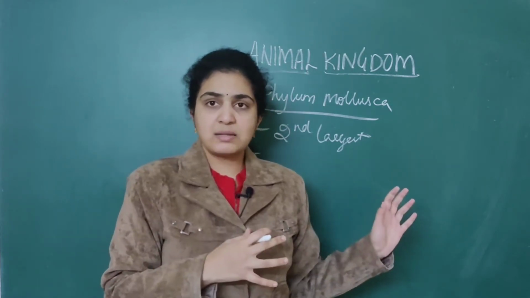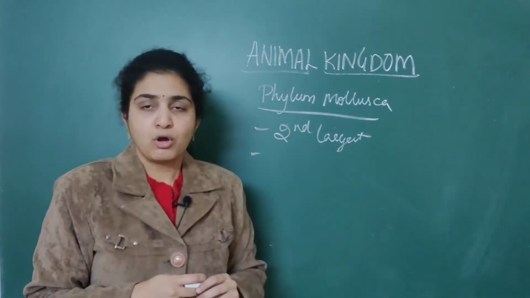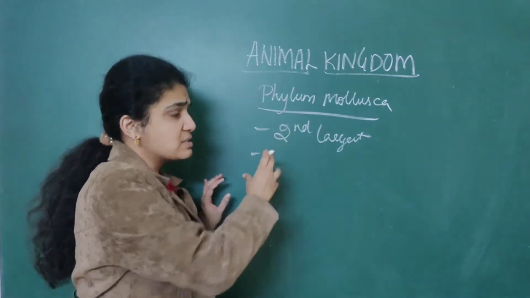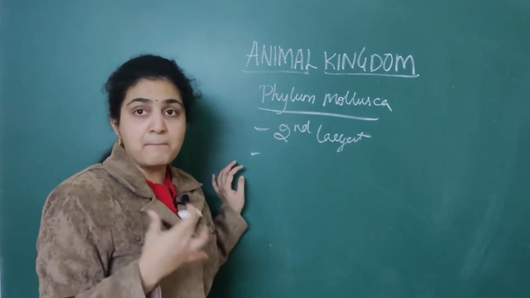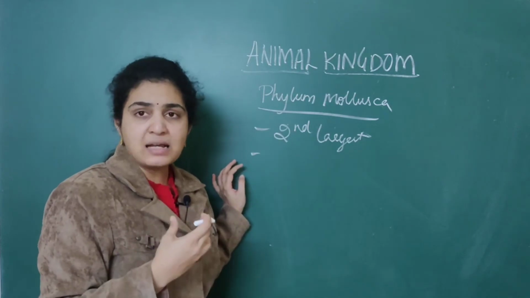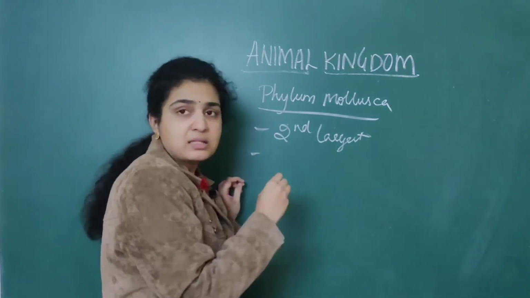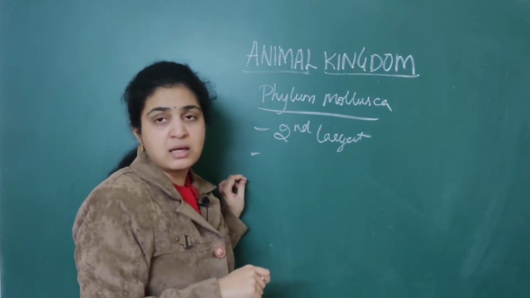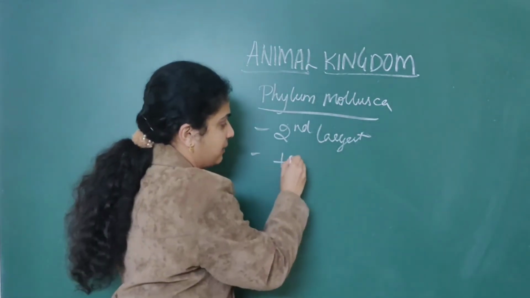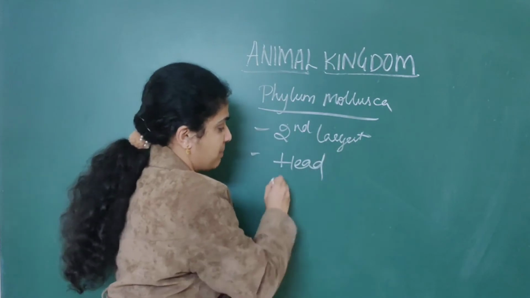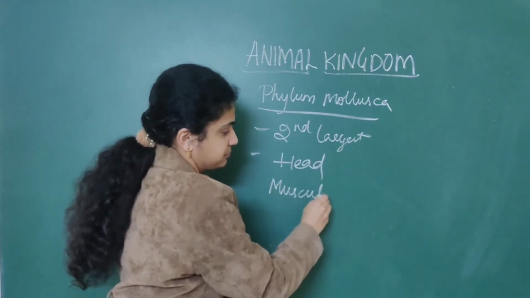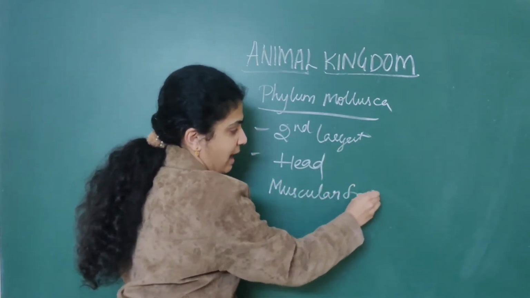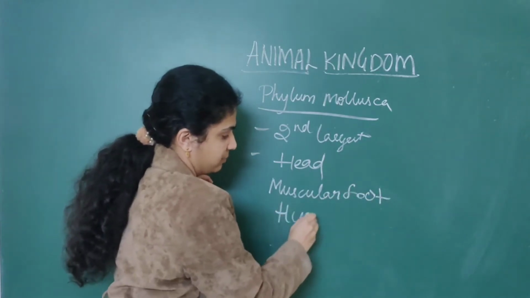Then they all exhibit a special property: molluscs exhibit a mantle cavity. Mantle cavity means what? See, in molluscs the body is divided into three parts: head, muscular foot, as well as hump.